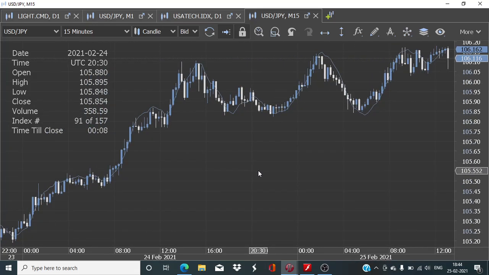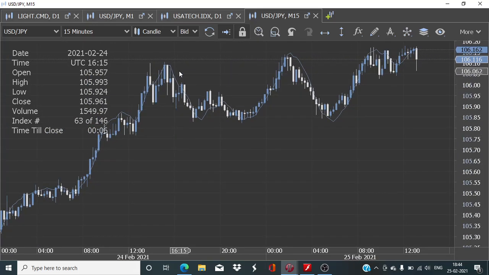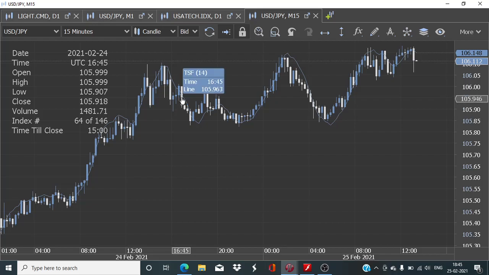For the sell side, the idea is that the TSF value should be on decline, and the last 15-minute candle should have closed below the TSF with its closing price below the opening price, and the prior candle had closed above the TSF with gains also.